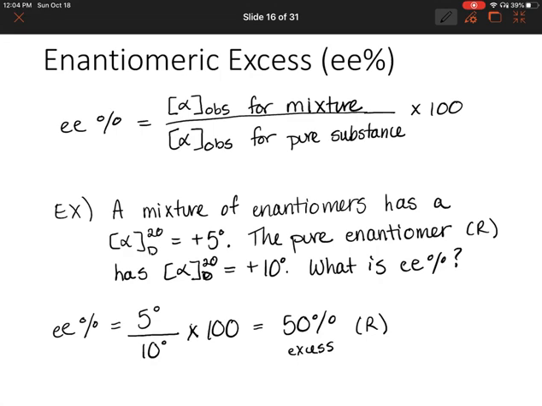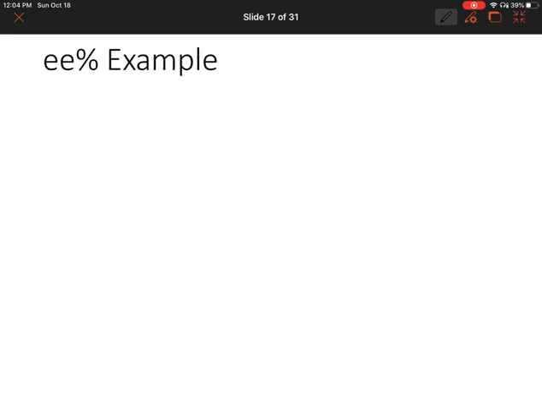Okay, so now let's figure out how much of our total sample is R versus S. All right, so we said we have 50% excess R. So that means that the other 50% of our sample is a mixture, right?